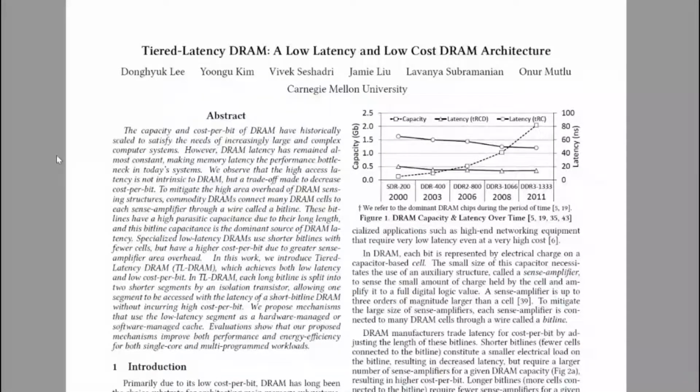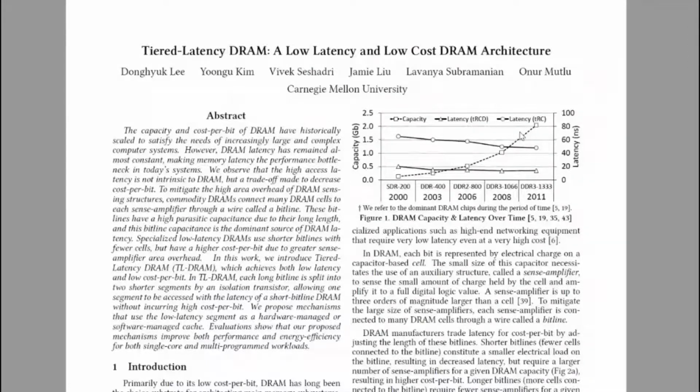At this point, let us consider the basic design: for example, a bank with multiple rows and a single row buffer at the bottom. We'll consider this design to understand the basic motivation of this paper. As I said, the main idea is to reduce these two times, tRCD and tRC.